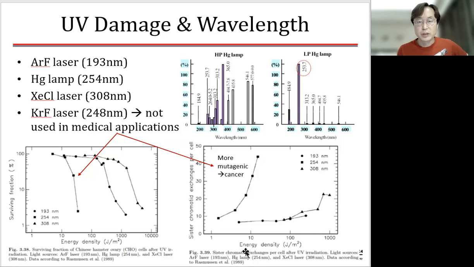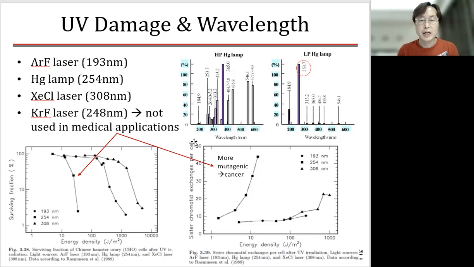And also, when you look at the energy density, sister chromatid exchange per cell is also happening here. This sister chromatid exchange per cell means how much repair is happening in the cell.